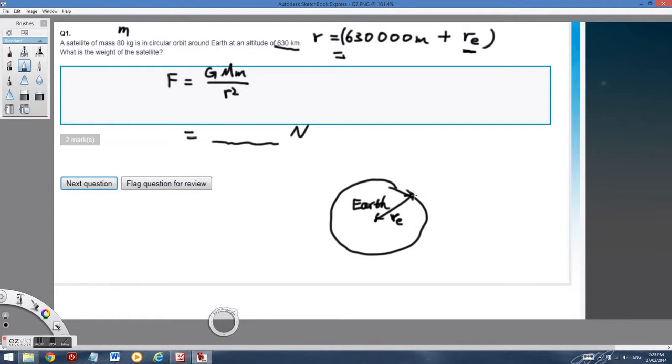However, the altitude is from the surface to the point. We call this an altitude. So if a satellite is flying at this altitude, the total radius from the satellite to the center of the Earth is the altitude plus the radius of the Earth.